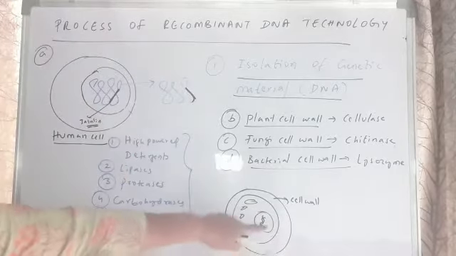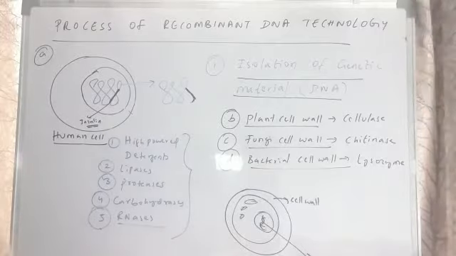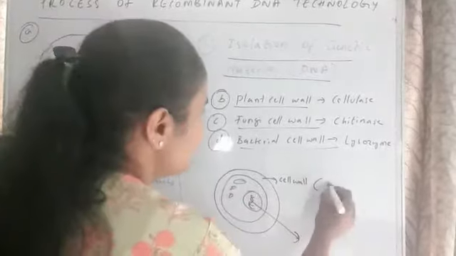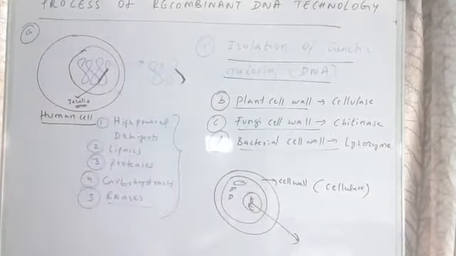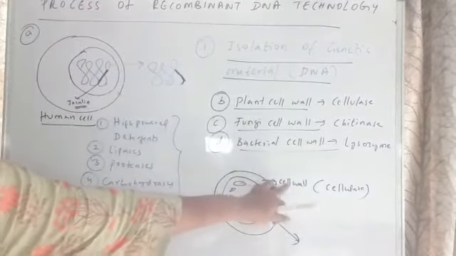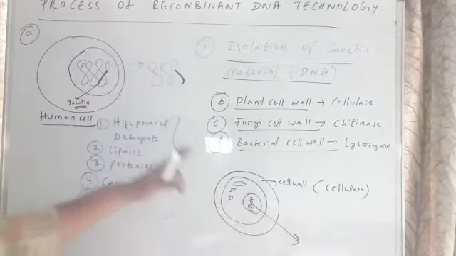So in order to extract the genetic material from the plant cell, one extra process we have to follow is to break the cell wall. We have to use an enzyme, cellulase, because the plant cell wall is made up of cellulose. So to break the cell wall, we add cellulase. And the remaining would be the same.